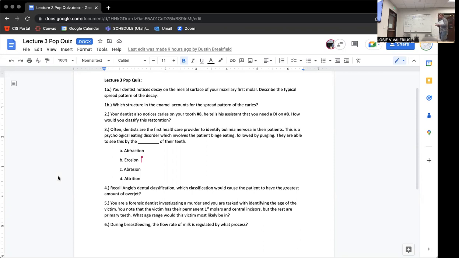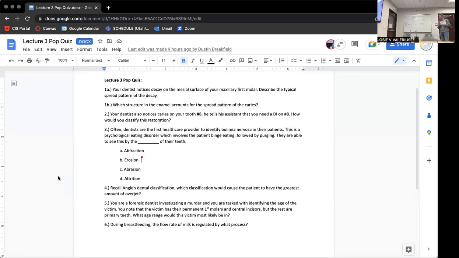For 5, you're a forensic dentist investigating a murder and you're tasked with identifying the age. The victim has permanent first molars and central incisors, and the rest are primary teeth. What age would we think they're in? Right, around 8 or 9, right in between there.